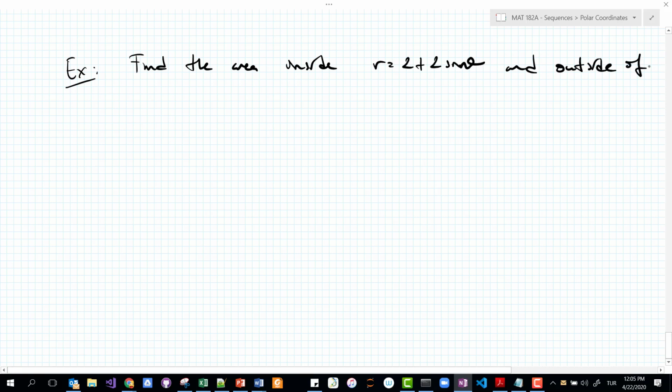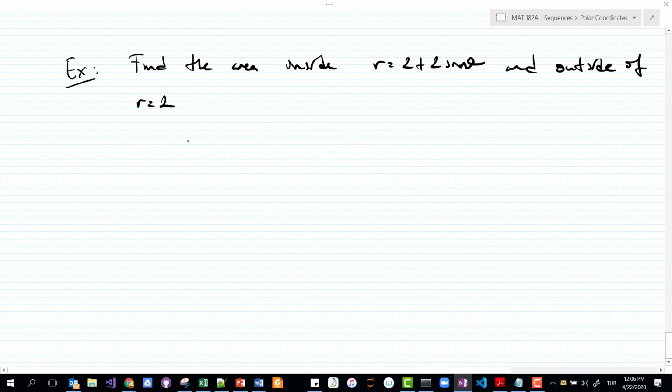One last problem I want to share with you today is this one. Find the area inside the cardioid r equals 2 plus 2 sine theta, and outside of r equals 2.